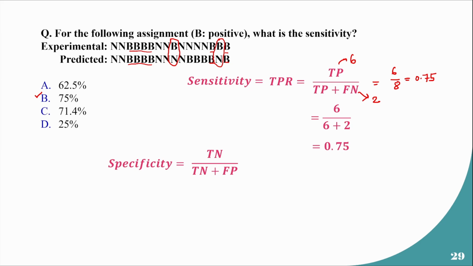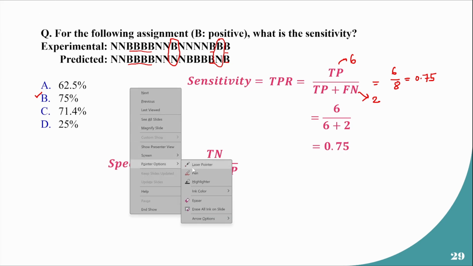So from this formula, what can we get as the value of the specificity here?